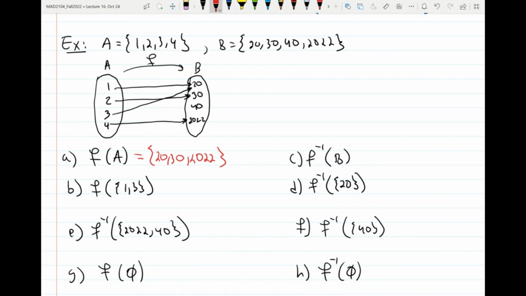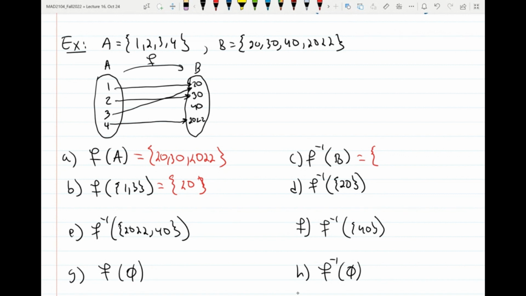Here they are. Let's see. What's the image of {1, 3}? 20. Very good. So everyone understand this? You just collect f of 1, f of 3. It happens that they both are 20, so it's 20. Okay? What's the inverse image of B? That is, again, all elements in A so that when you apply the function, it goes to B. So what would that be? 1, 2, 3, 4, right?